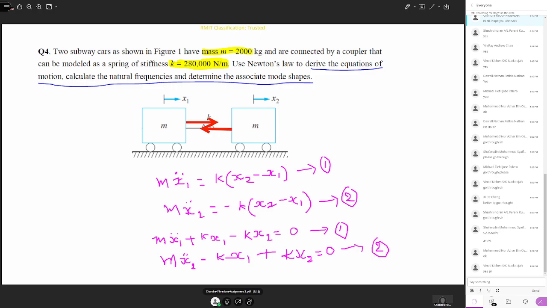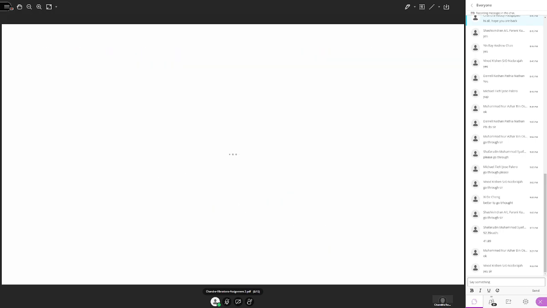These two equations we can write in matrix format. I'll move to the next slide.